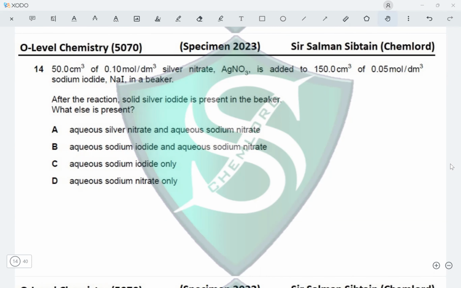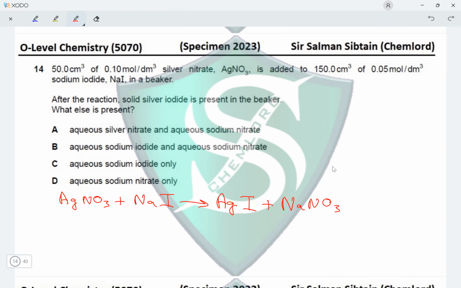So, the equation for this reaction would be AgNO3 plus NaI. This would give us silver iodide, AgI, and sodium nitrate, NaNO3. Now, we have silver nitrate and sodium iodide present. For silver nitrate, we have 50 cm cube of 0.1 mole per dm cube.